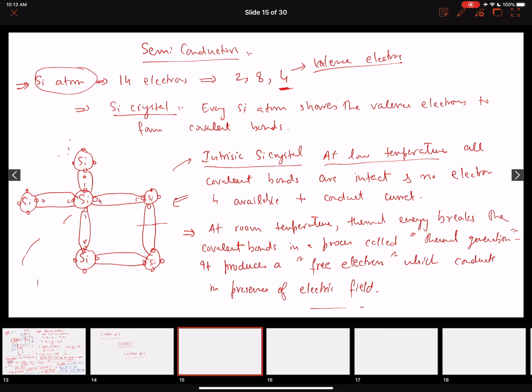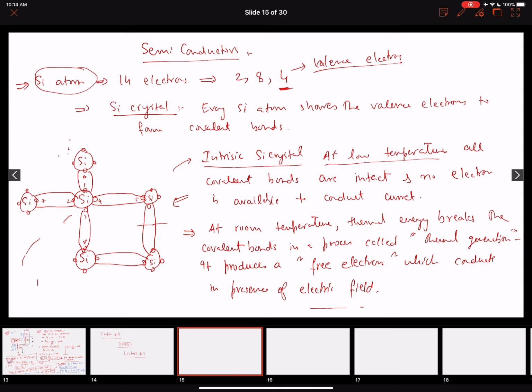One of these electrons will be free, and that electron can conduct as we apply an electric field. So if we apply an electric field, that electron will start to conduct.